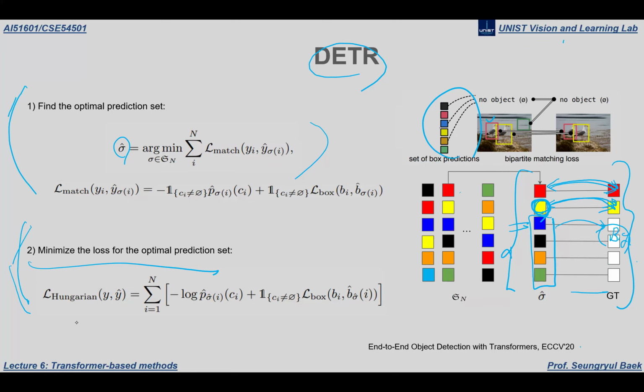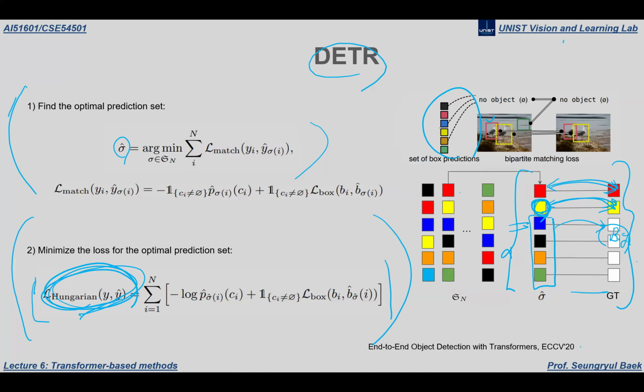So that is what happens here. This is the loss function, and using this you can train the DETR architecture parameters. The gradient descent algorithm is applied here. But before that, you have to find the best matched order from the transformer's output, and that happens in the first stage. Are you following that?